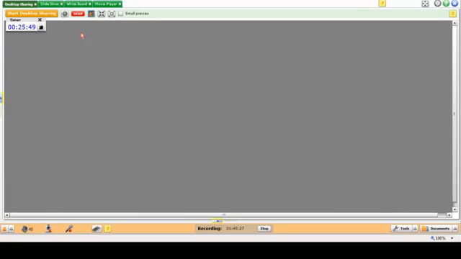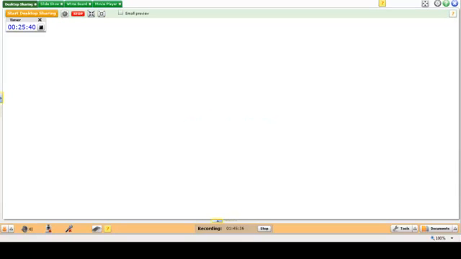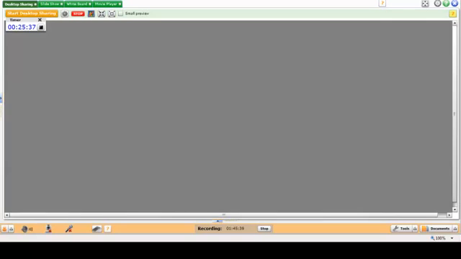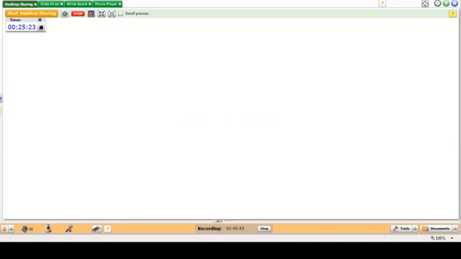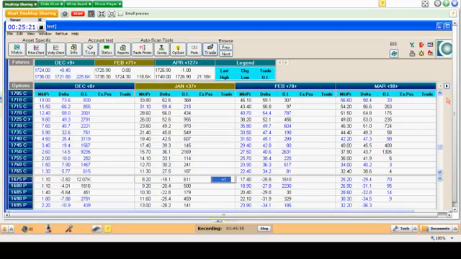Let's see if we're going to get some luck here. Okay, it looks like it's going to come back. Okay, I think we're getting it back. Here we go. There we go. We have option view back.